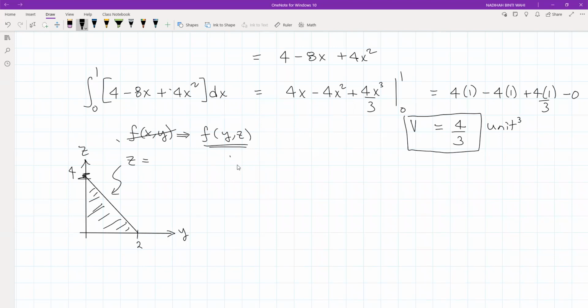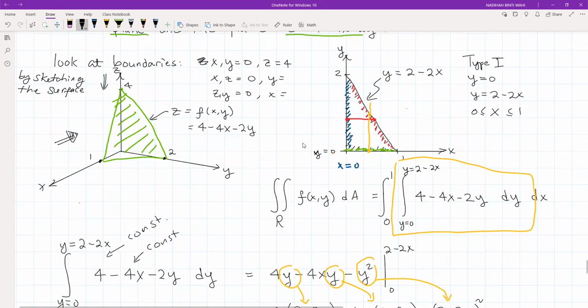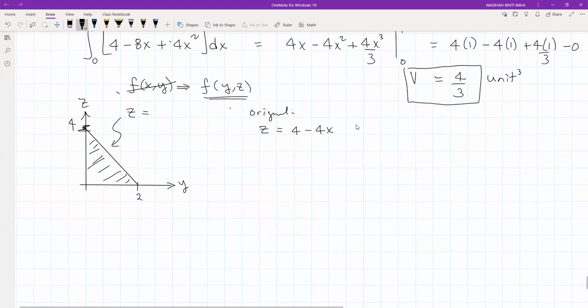Okay, the original function we have z equals 4 minus 4x. Is it minus or plus? Is it minus? Minus 2y. Minus 2y. Okay, now we are looking for x on the left-hand side.